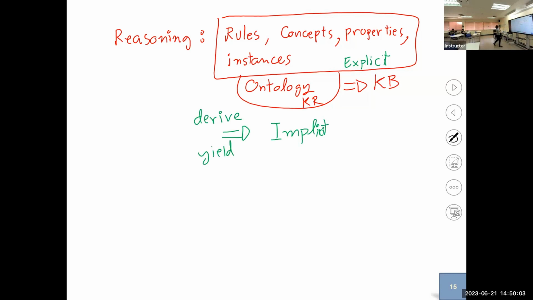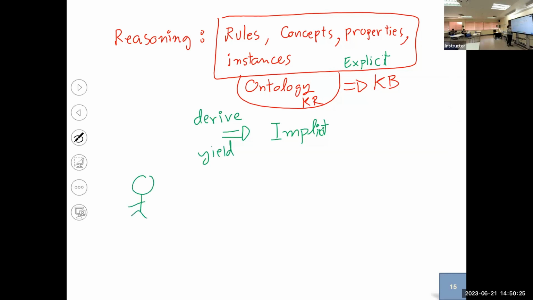Okay, let me give another example. We already saw one example of Mali, whether she is an adult elephant or not. Let me give another example. This is John.